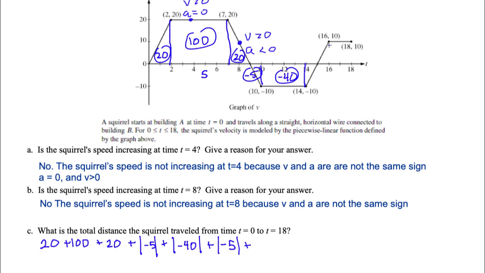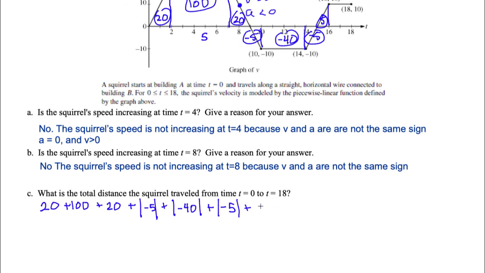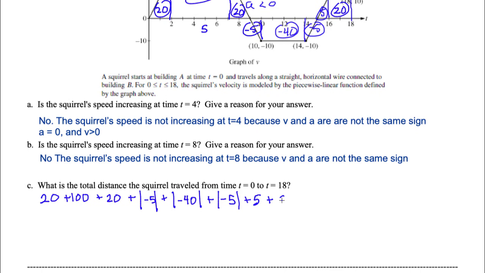Then a triangle that looks the same, 1 by 10, divided by 2, so I get 5. Finally plus this rectangle, because it goes all the way out to 18, a 2 by 10, which is a 20 area.